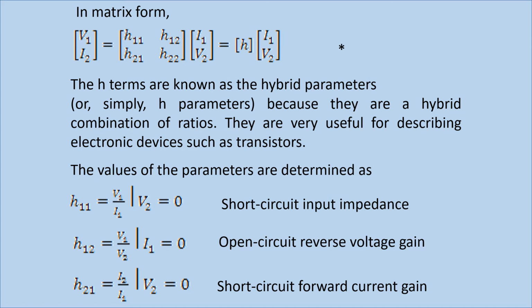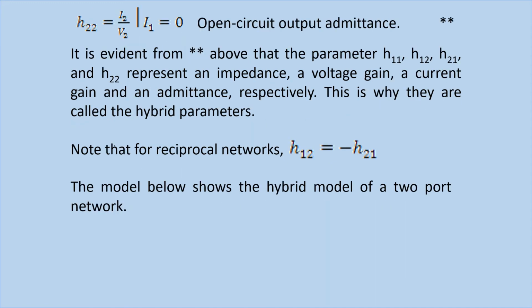Also, your H21, the short circuit forward current gain, will give us I2 over I1, that is, output current over input current, provided that your V2 equals 0. Also, the open circuit output admittance, H22, is equal to output current over output voltage, that is I2 over V2, provided that your input current I1 equals 0.